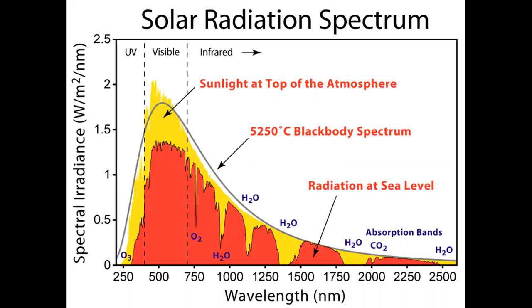We all know that more or less, but it's also interesting that not all of this radiation can reach the surface of the Earth, because some gases in our atmosphere absorb some parts of the spectrum.